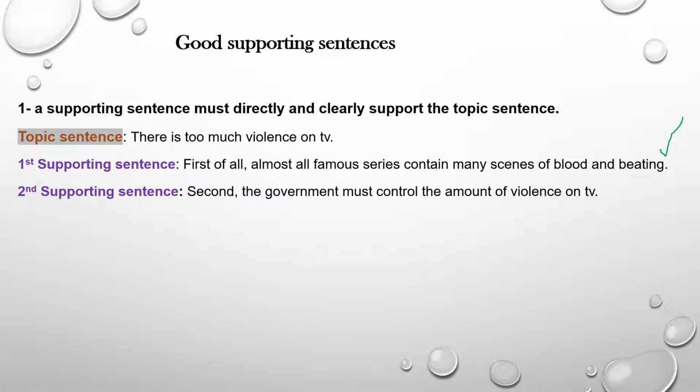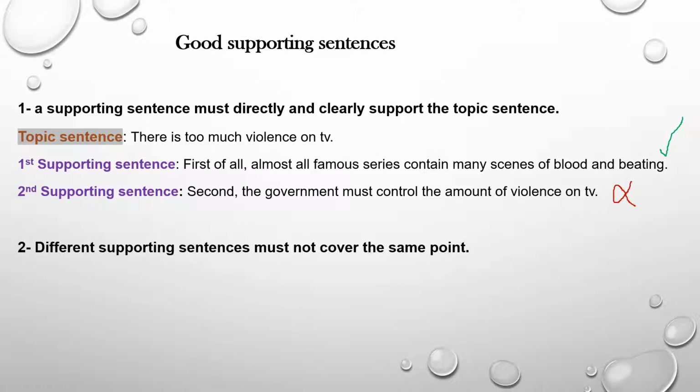No. Does it in any way make me agree with the point you made in your topic sentence? No. So, although it is still talking about violence on TV, it doesn't really support what you said in the topic sentence. And this is not a good supporting sentence.